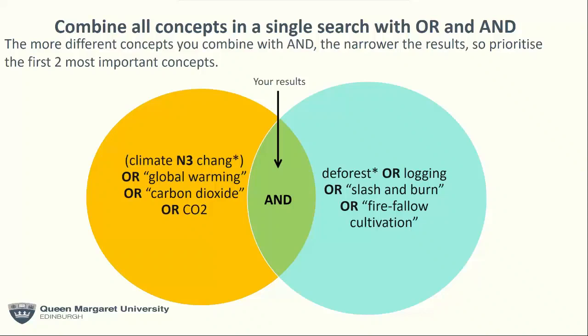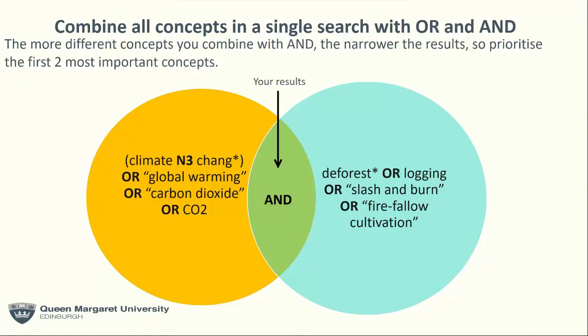And if, for example, you were to have retrieved, say, 10 results after combining these 2 sets with AND, it is not worth adding a third concept, such as Amazon, because you can quite easily have a look at the 10 titles and spot what is relevant.